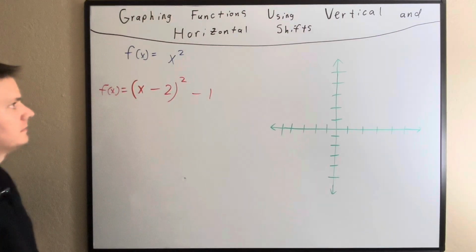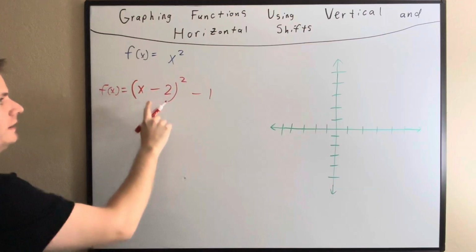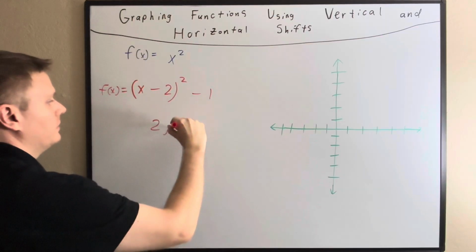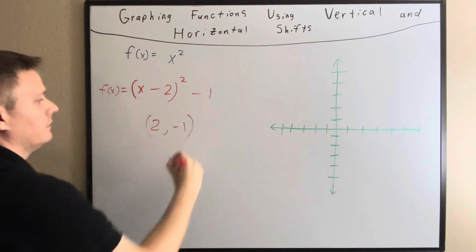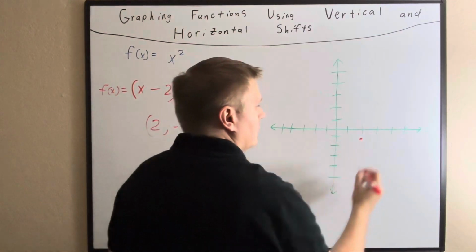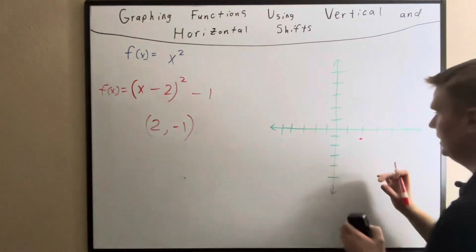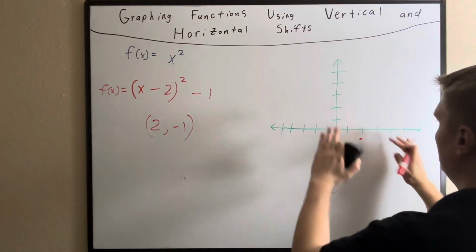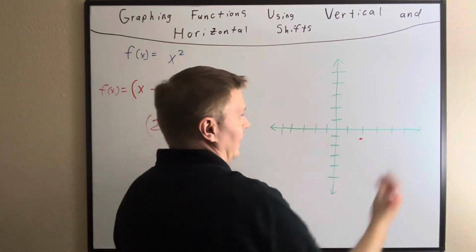Let's graph it. Origin point is at +2, -1. 1, 2, -1. And now it's a parabola, so we just make that U shape, right?